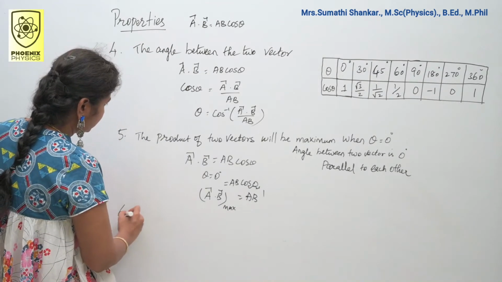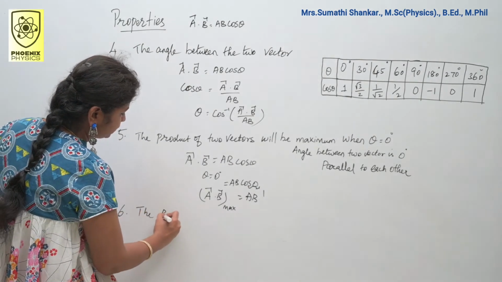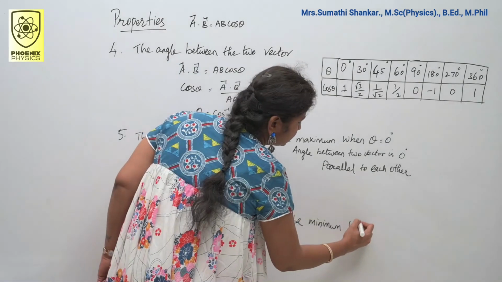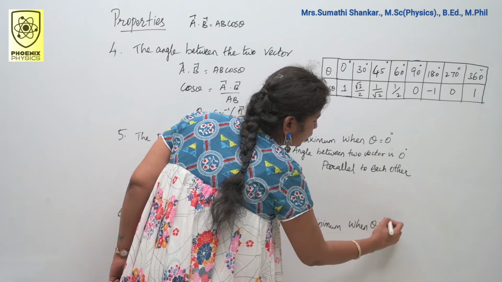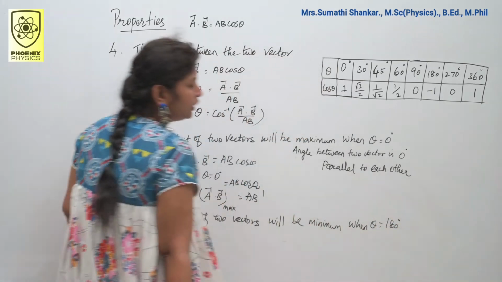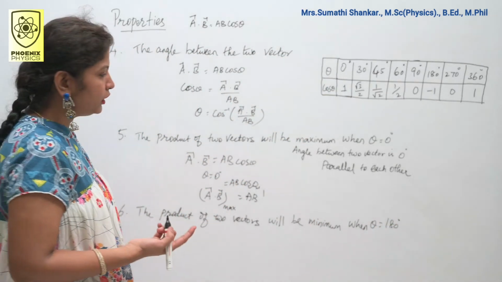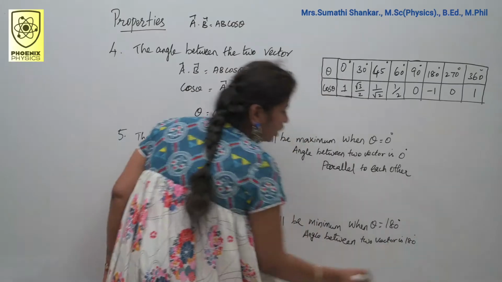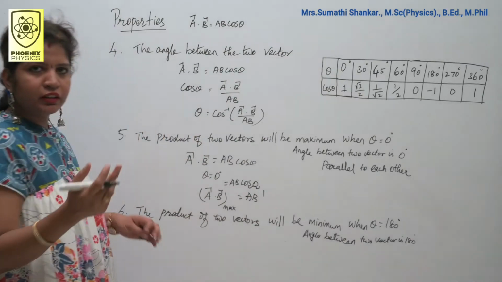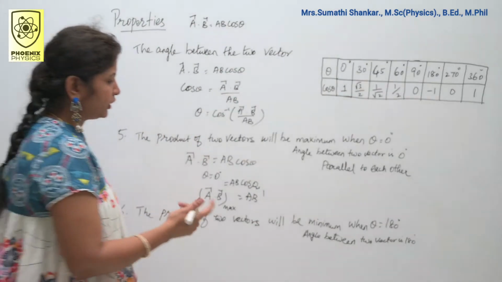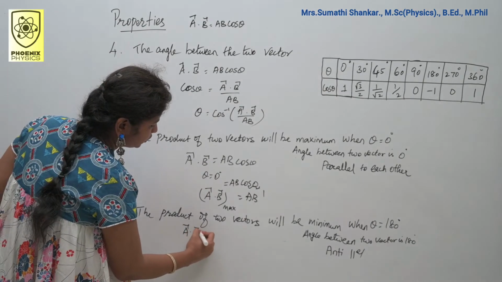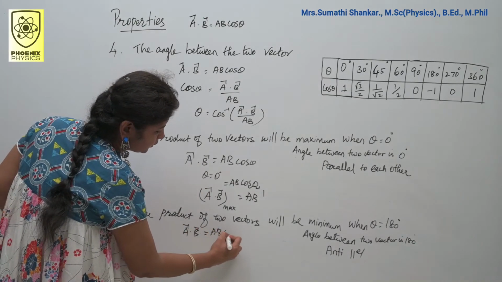Next, the product of two vectors will be minimum when theta is equal to 180 degrees. Theta equal to 180 degrees means the angle between the two vectors is 180 degrees, or we can say both vectors are anti-parallel. Same formula, A dot B is equal to AB cos theta.